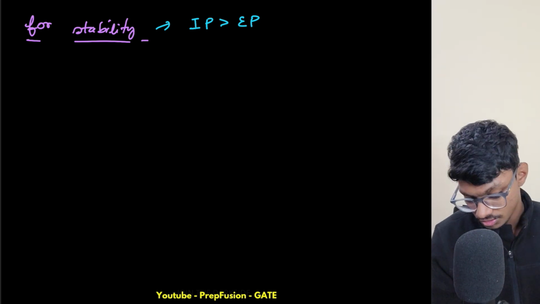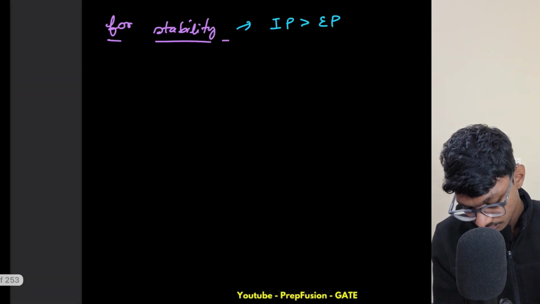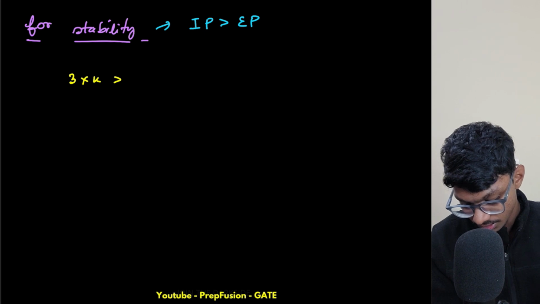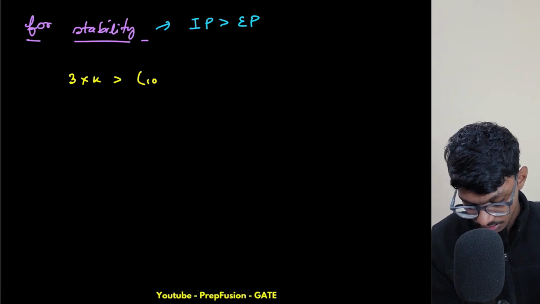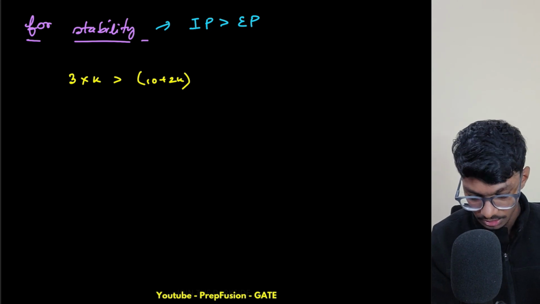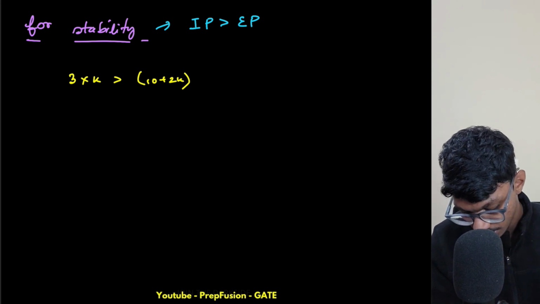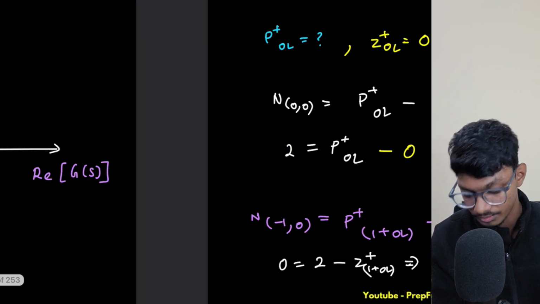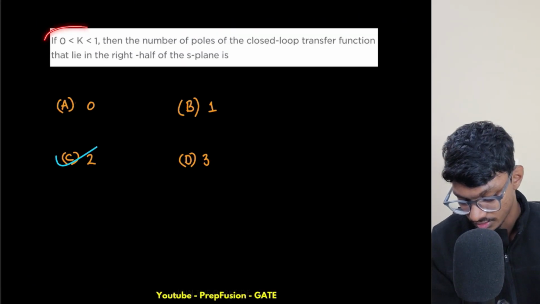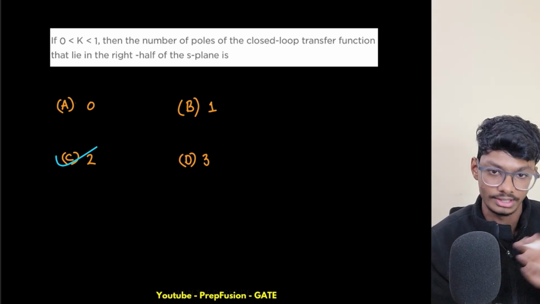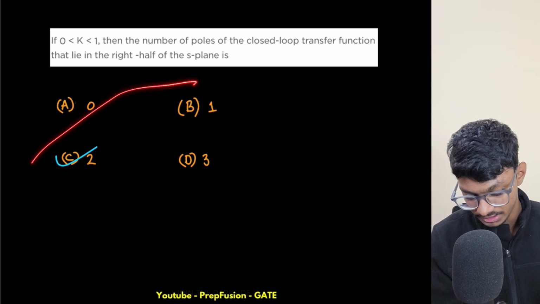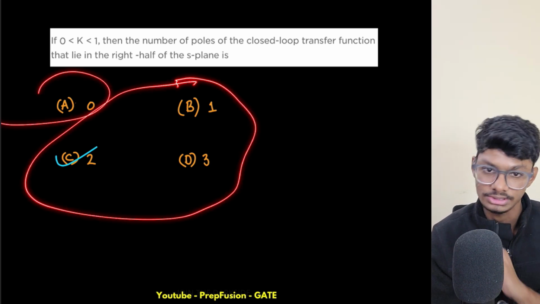So 3k should be greater than 10 plus 2k, and hence k is greater than 10. So for k greater than 10 the system will be stable, but the range given is between 0 to 1. K is never going greater than 10, so it will always be unstable. So definitely there will be some poles on the right hand side of my s plane, so this option is eliminated.